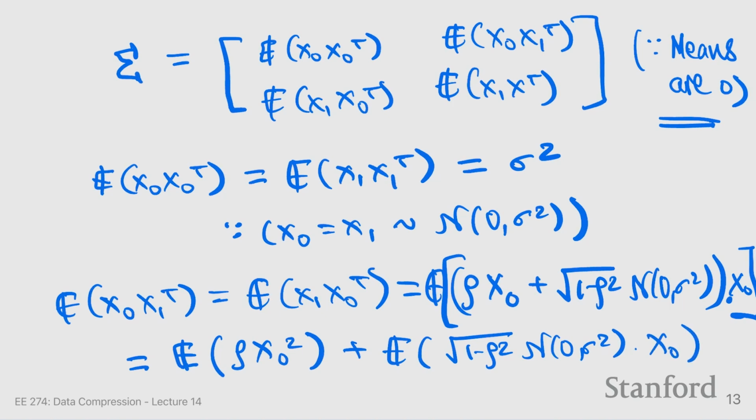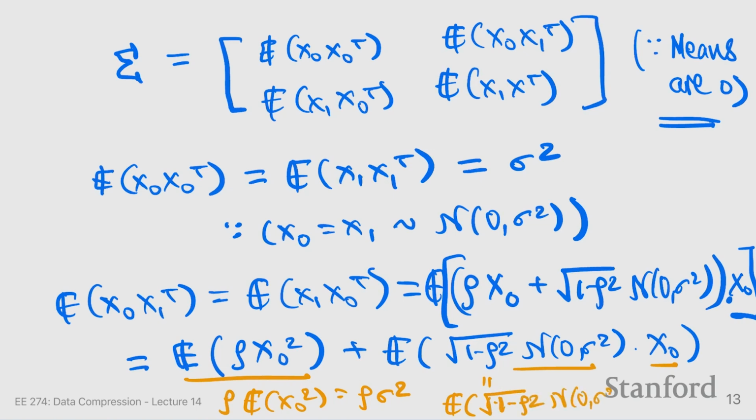Then this term, the first one is just rho times the expected value of x0 squared, which is nothing but rho times sigma squared. And the second one, we know that these two terms are IID. Again, it's a very basic property of expectation. Once you have these IID terms, you can just write it down as the expected value of the first term, which is this constant k times normal 0 comma sigma squared, times the expected value of x0.